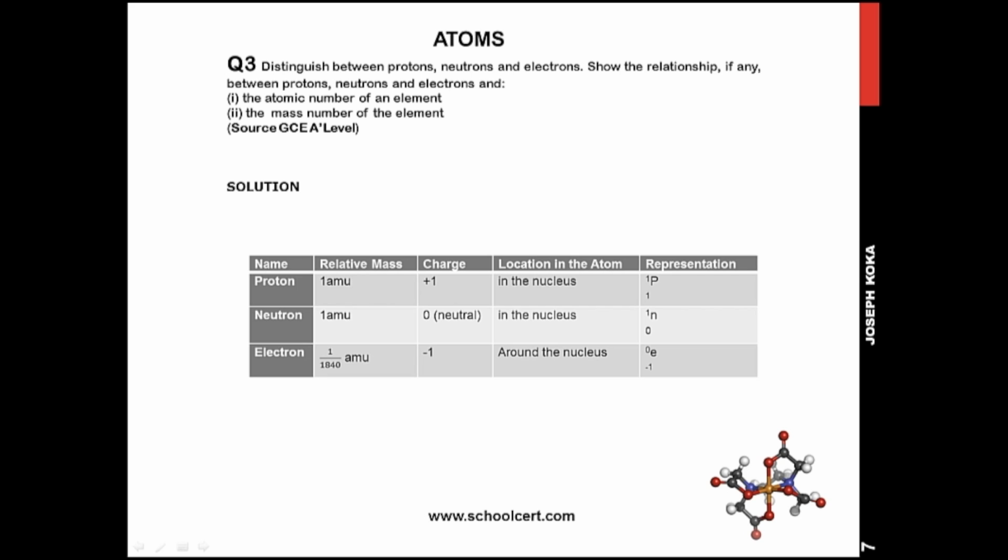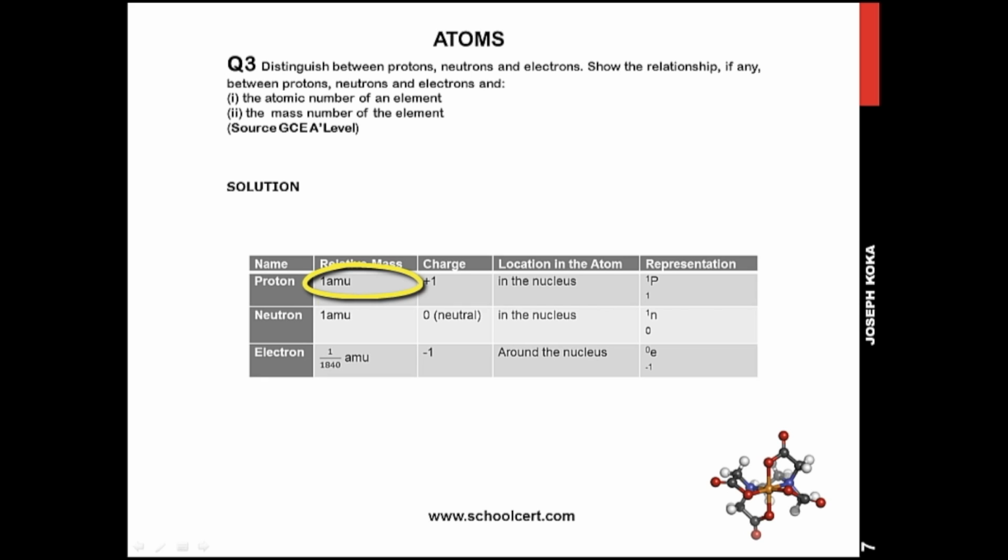Now, to summarize the first part, where we are to distinguish between the proton, the neutron, and the electron, I put it in a table form. So the name, as we earlier looked at, proton, neutron, and electron. Again, recall, the relative mass for proton is 1 atomic mass unit.